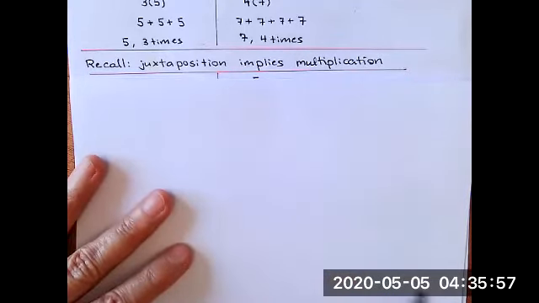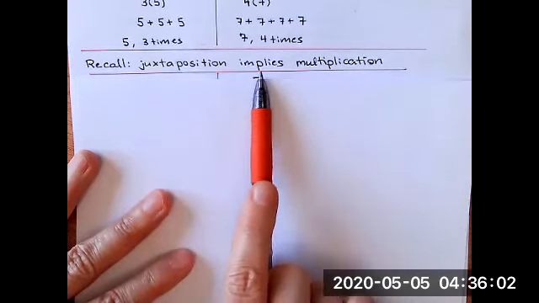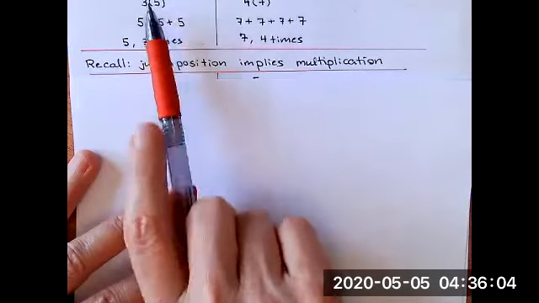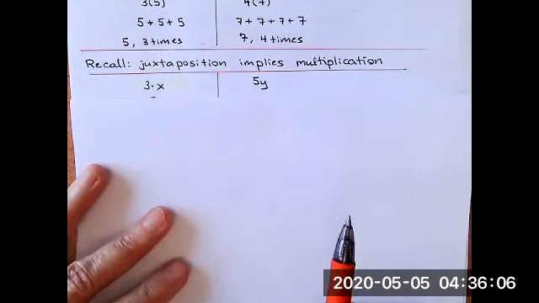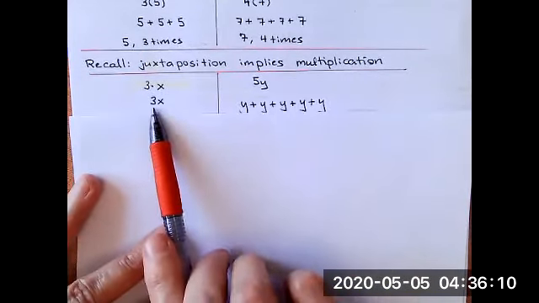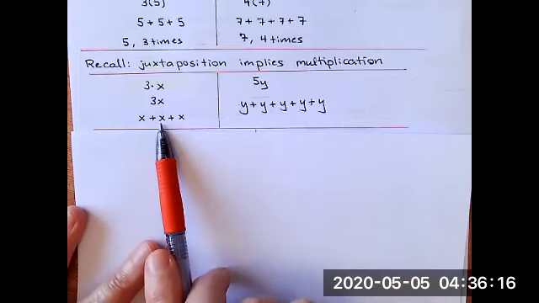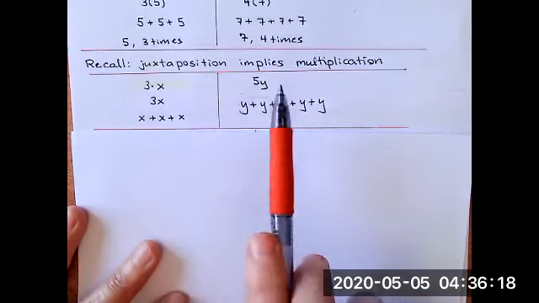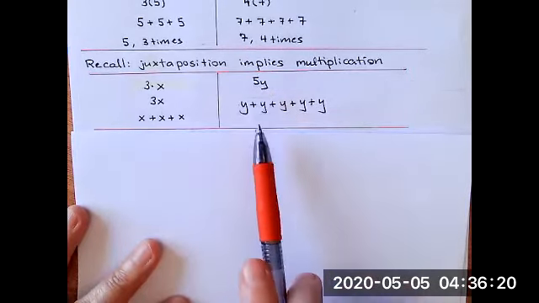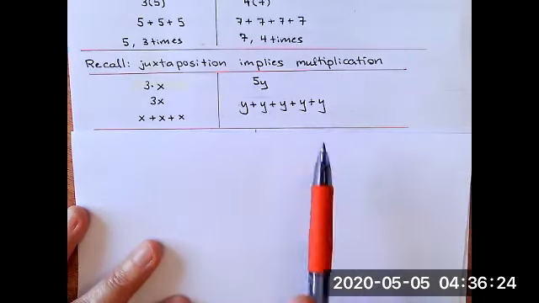And then recall that in math, when things are next to each other, multiplication is implied. So 3 times x is written as 3x. Well, this is repeated addition, so that's x plus x plus x. 5y is y 5 times.